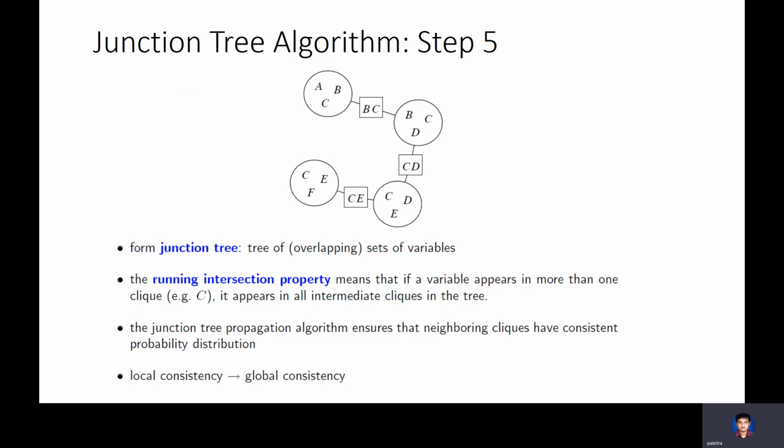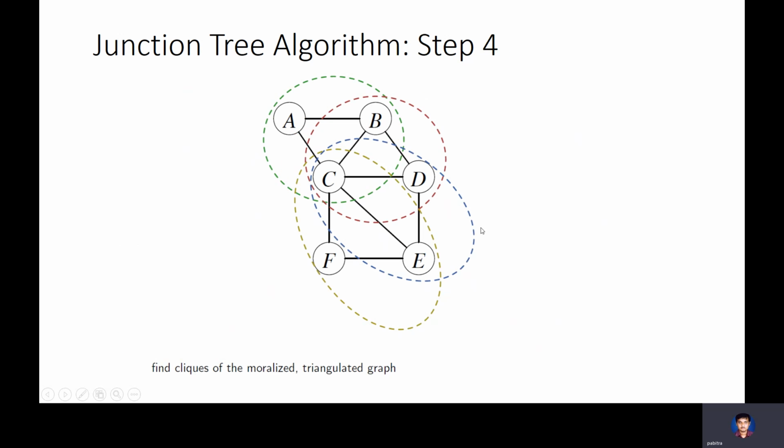This is required so that the neighboring cliques are consistent. Because if you look at the joint distribution between C, D, and E, and the joint distribution between C, F, and E, these are two overlapping cliques. These joint distributions should have a type of consistency. That means if you marginalize over E from one of the cliques, and marginalize over F from the other clique, these two marginalized distributions over C should be identical.